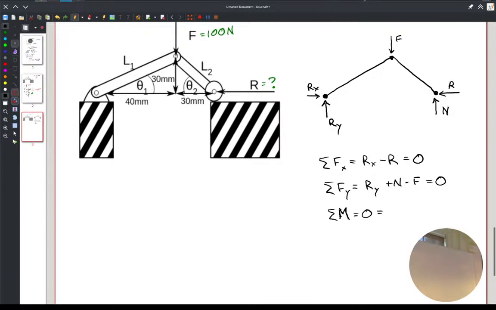I can get 1 more equation with some of the moments, but something's still missing. We're going to have to do something else. That's the part where you can go in different directions. But we do need at least 3 equations, and then we're going to need another one.